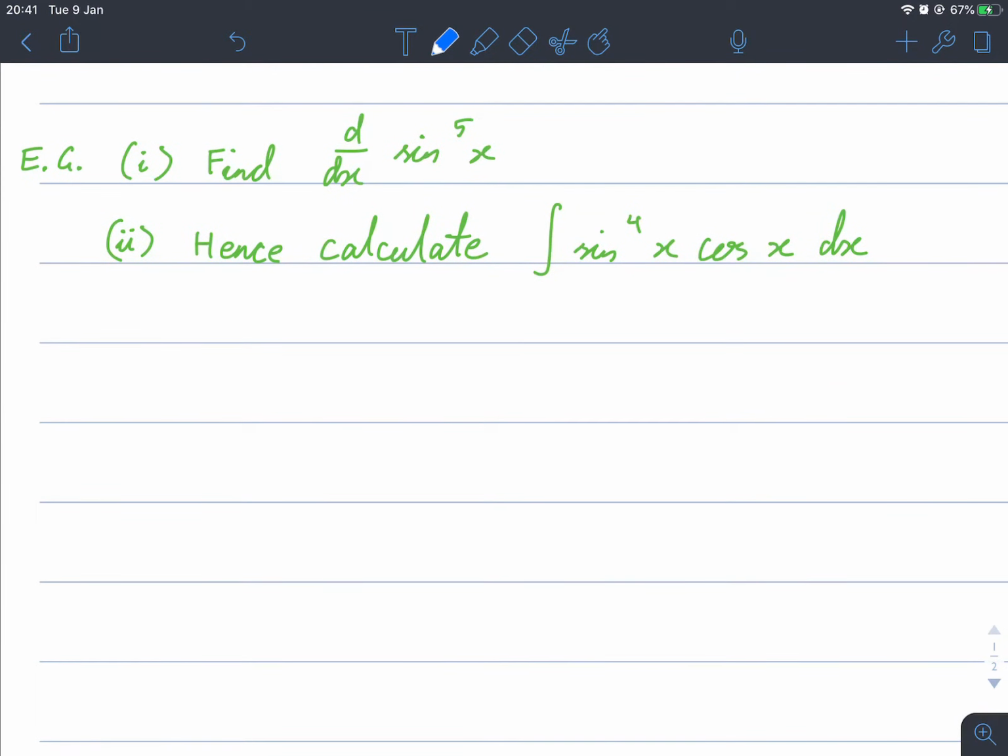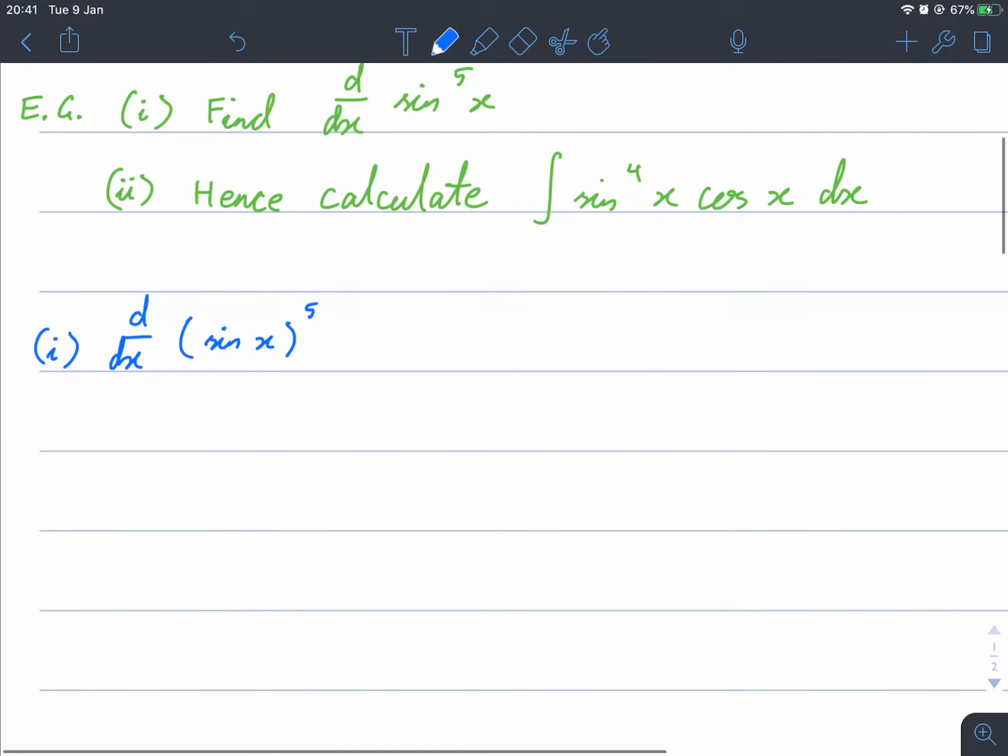So first, let's find the derivative of sine to the fifth x. If it ever helps to solve these questions, you can treat these expressions as the following: d/dx of (sine x) to the power of 5, like so.